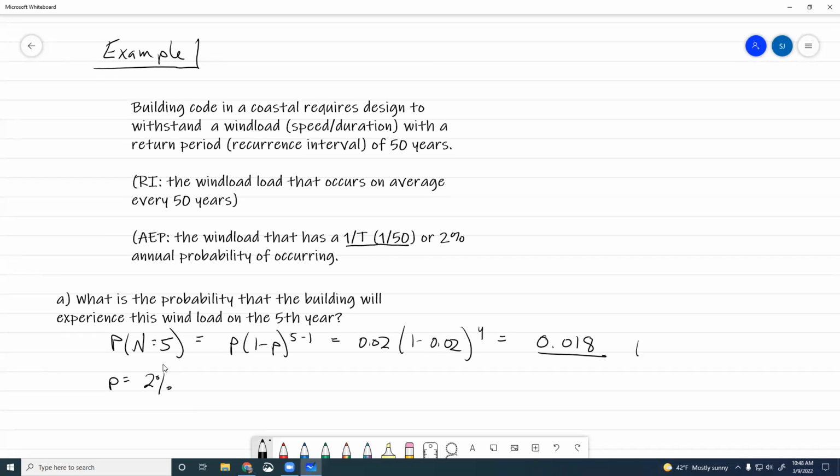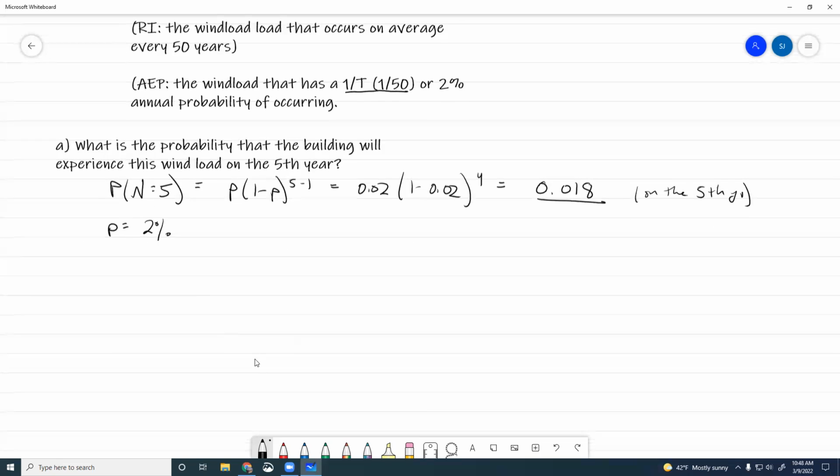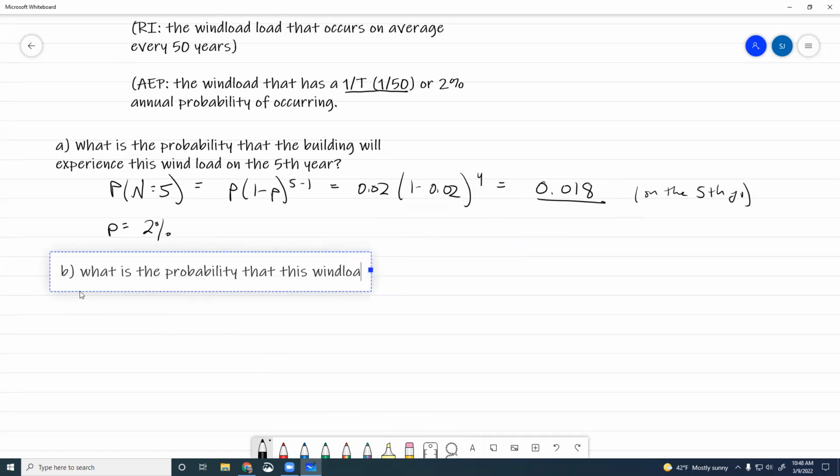So this is the probability that it occurs on the 5th year. Now we can ask another question, which is probably a little bit more interesting. What's the probability that it will occur within the first 5 years? Now this one's a little bit different. How would you write this out?